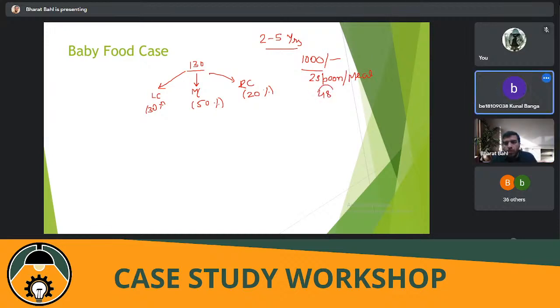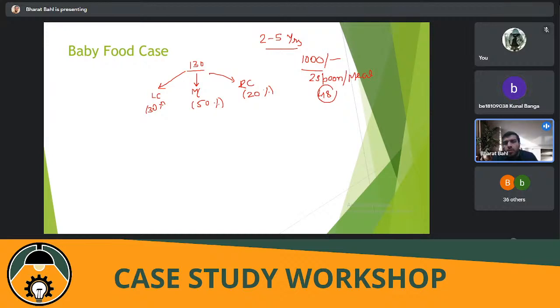Okay. So I guess all of you are clear with the problem. There is a baby food company which is willing to enter the Indian market, and we have to gauge whether it should enter or not. The data I have acquired till now is that we have a target audience of 2 to 5 years of age, and the box costs around 1,000 rupees and has 48 spoons in it.